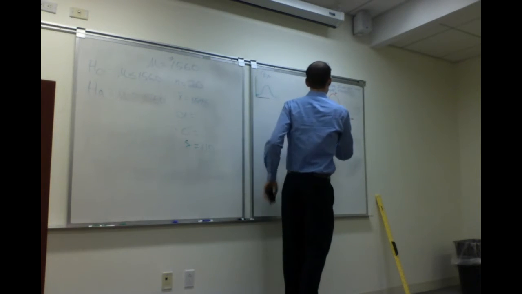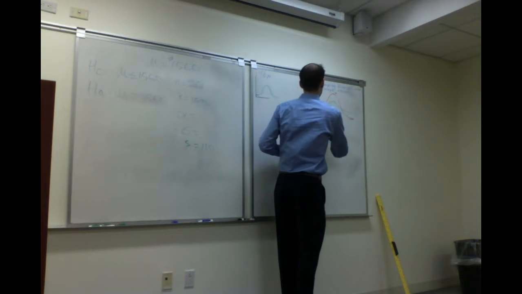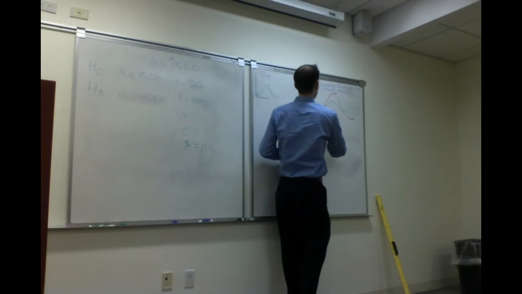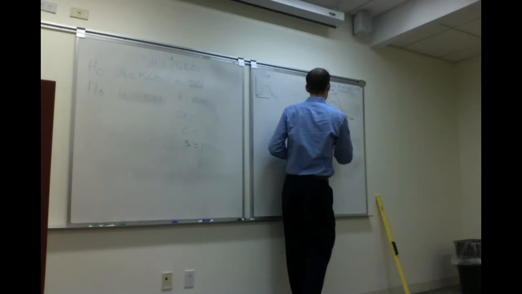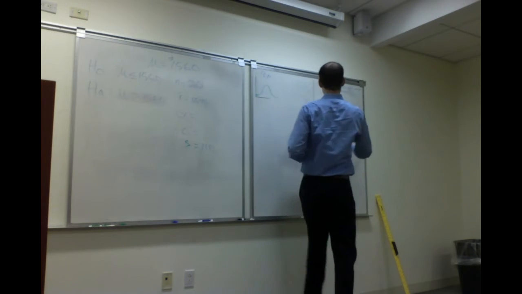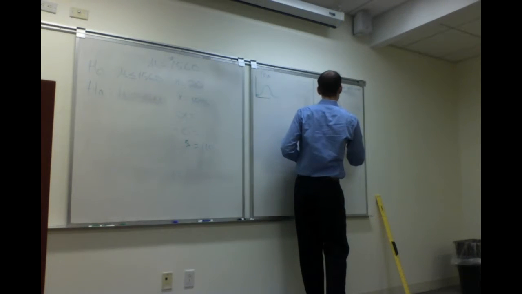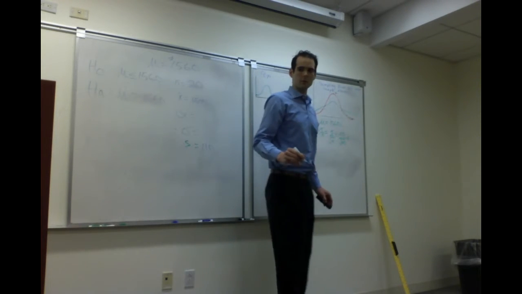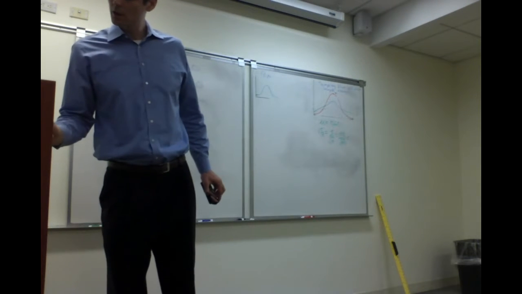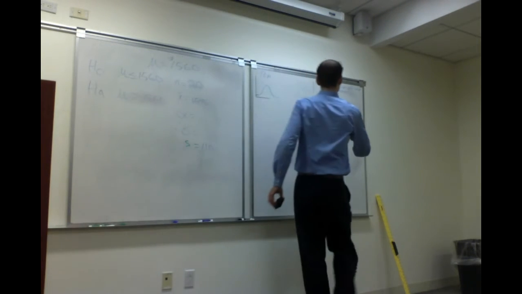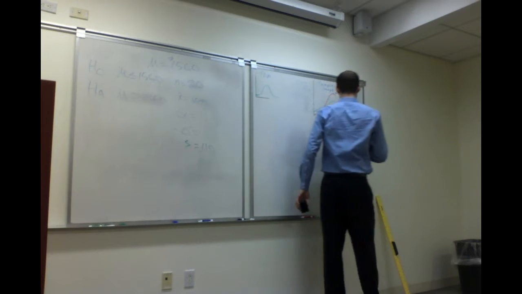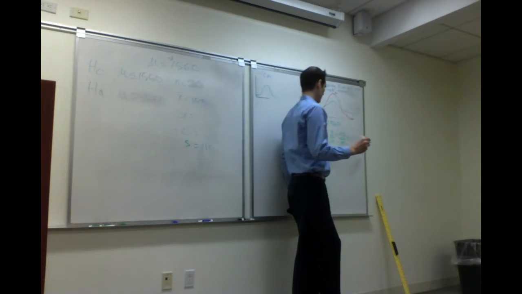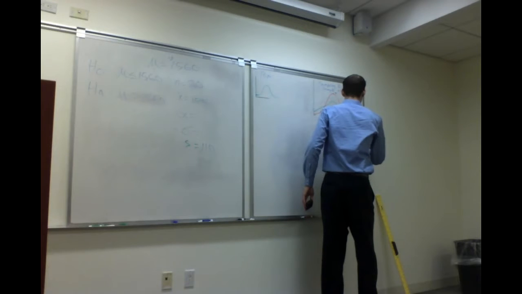The standard deviation of the sampling distribution of the sample means equals, this time we're putting in the sample standard deviation divided by the square root of n, which is 110 divided by the square root of 20, which equals, someone want to finish that out for me? 24.6. Okay.